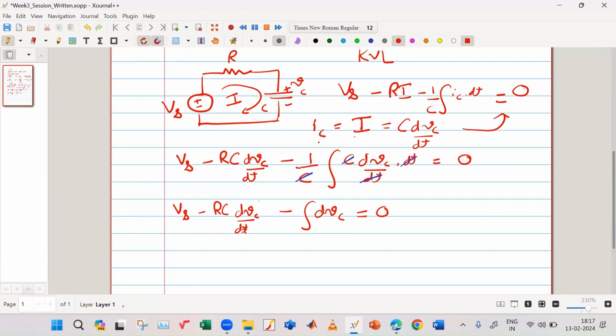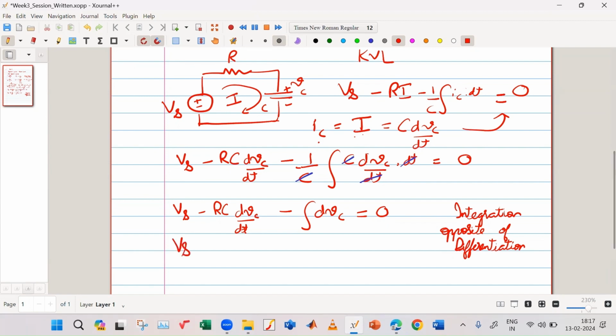Integration is the opposite of differentiation. So when I do integration and differentiation of it, it just comes out to be Vc.